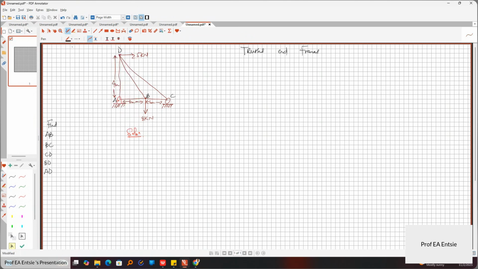I like changing color so that you can just know what's going on. Here is 8 kilonewton. This C here is a roller, it has only one component. And here it's a pin joint.